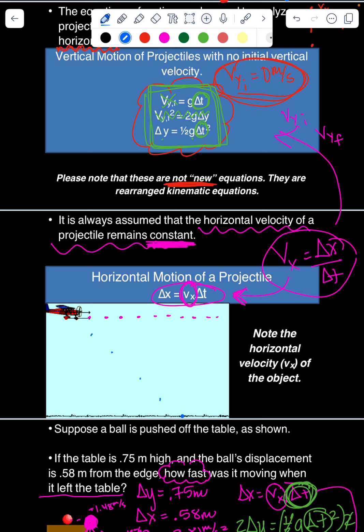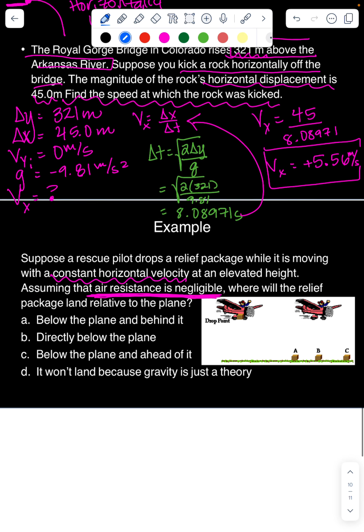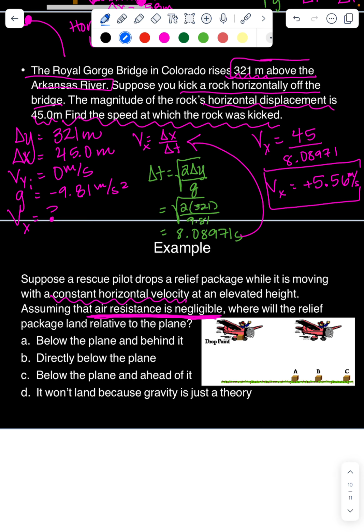So as this plane travels this way, our box or our care package is also going to travel at that same rate horizontally. If we did not include air resistance, that package would fall directly below the plane.